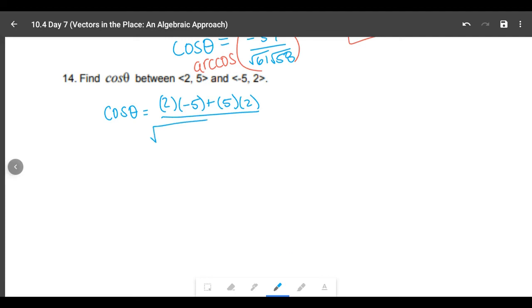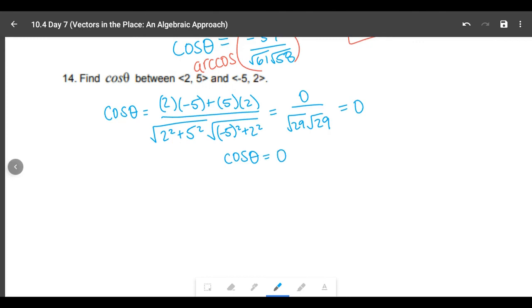So if I take the square root of 2 squared plus 5 squared times the square root of -5 squared plus 2 squared, this ends up simplifying to 0 over the square root of 29 times the square root of 29. So this whole thing is just 0. So we found cosine of theta to equal 0.